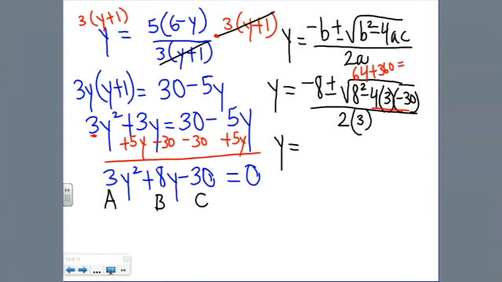So when we add the numbers, we get positive 424. So let's bring down everything. We have negative 8 plus or minus the square root of 424 all over 6.